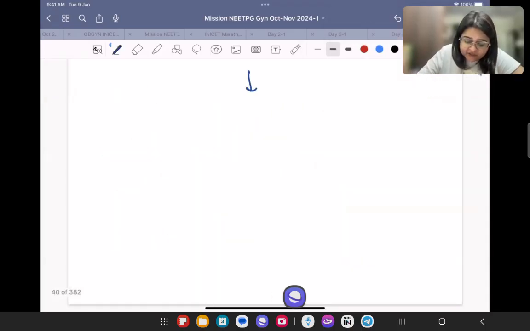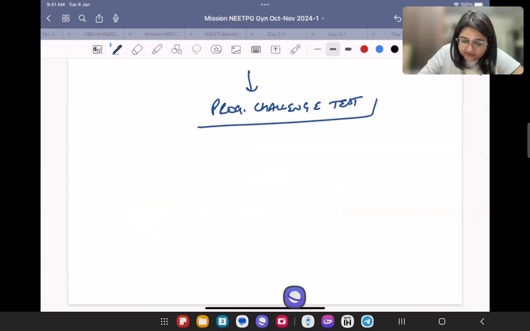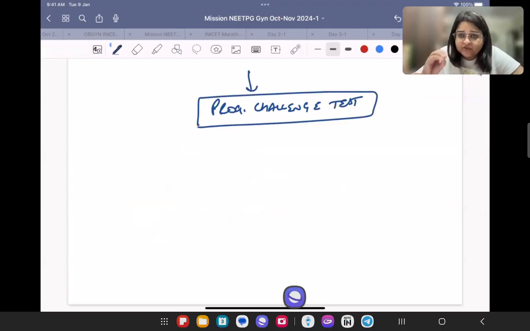We give this patient a progesterone challenge test. So a patient comes with secondary amenorrhea. The most important thing is we give the patient a progesterone challenge test. What does this mean? We give her progesterone tablets for 7 to 10 days and then we ask her to wait for a few days.